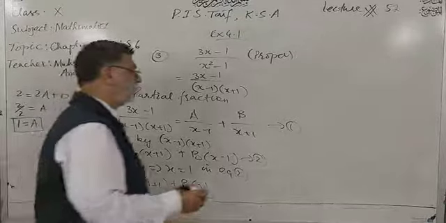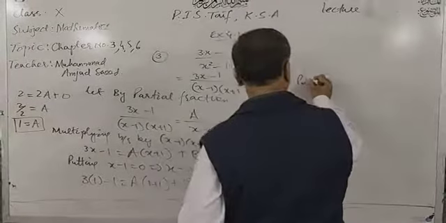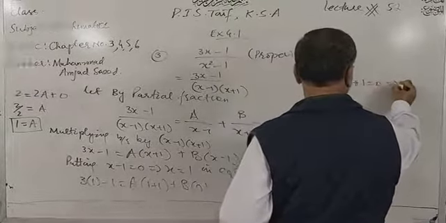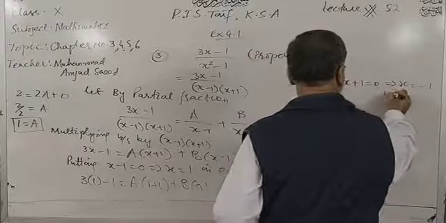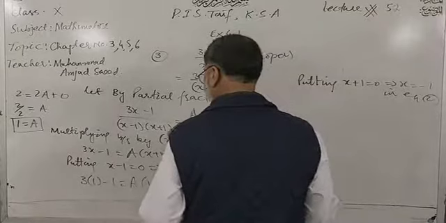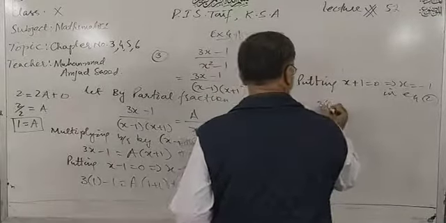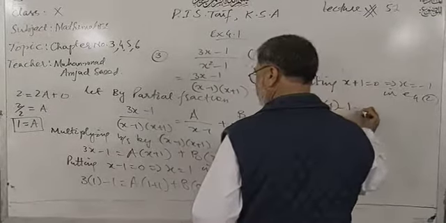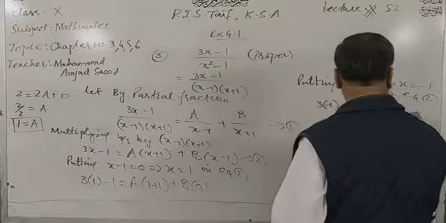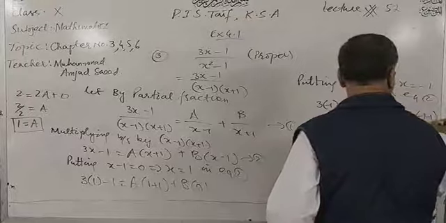Then putting x plus 1 is equal to 0 implies that x equal to minus 1 in equation number 2. So dear students, we have 3 into minus 1, a into 0 because x plus 1 is 0, b into minus 1.